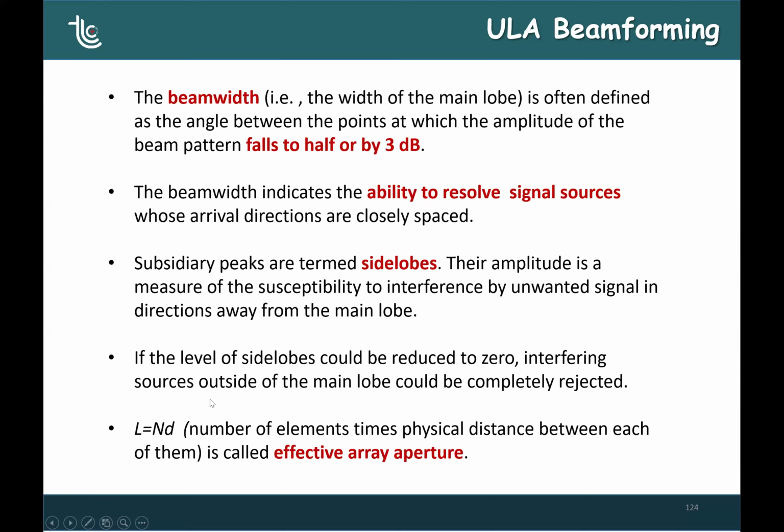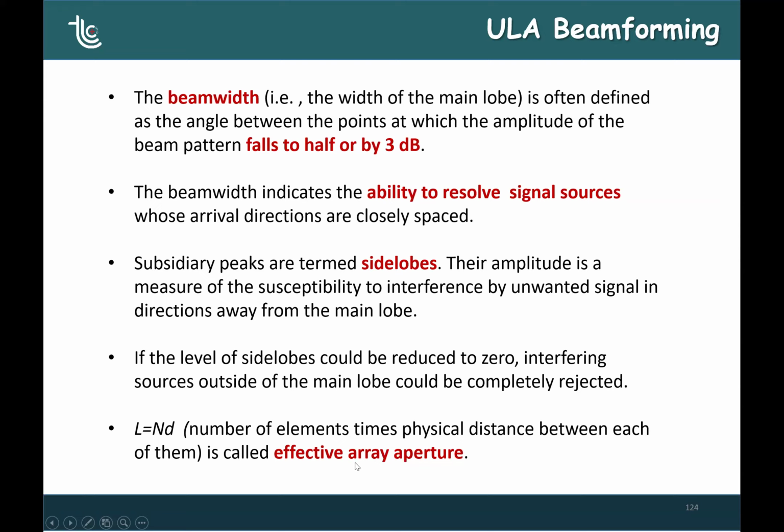So the idea is that we should reduce as much as possible the amplitude of the side lobes in order to reduce the interference of the targets that are not in the main lobe, but are in the side lobes of the antenna.